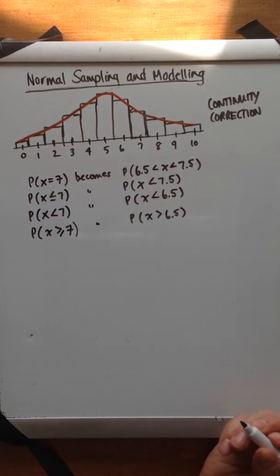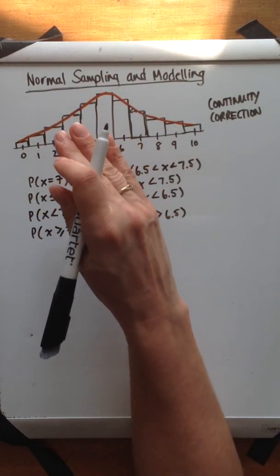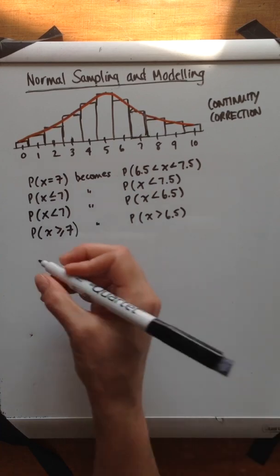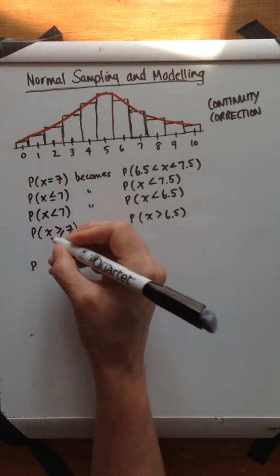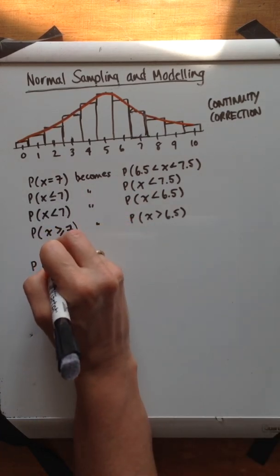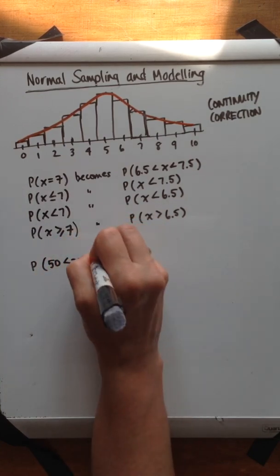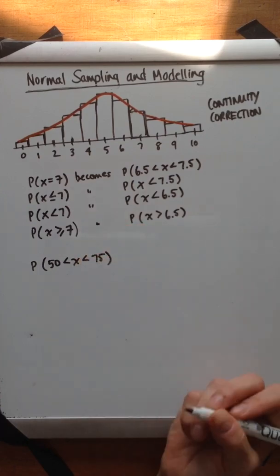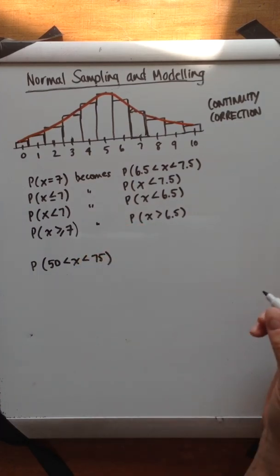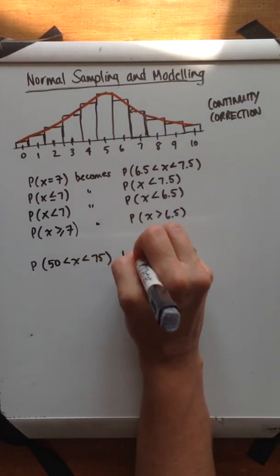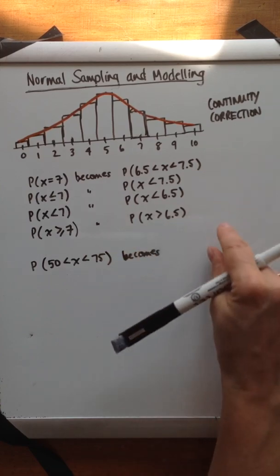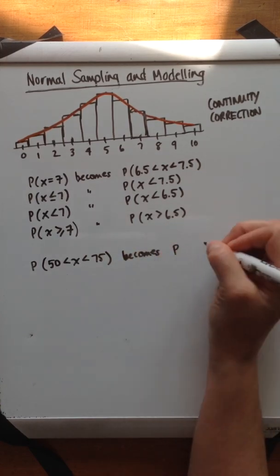I'm going to do two other examples that are not on this particular curve, but just to give you an idea. Let's say that you have the probability of x being between 50 and 75. Okay, so it doesn't even matter really what the curve looks like. How can we create a continuity correction for that?